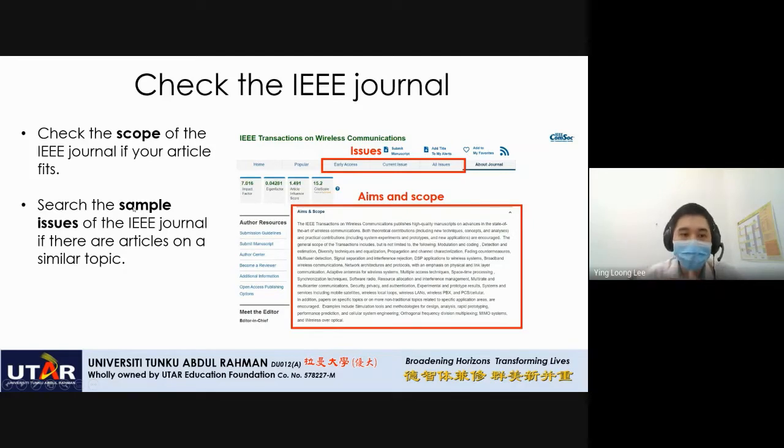That is something good for you to be aware of. And also you might want to check what the recent writing style is, because the writing style of the IEEE papers is evolving every time, right? So you need to keep track and get up to date by reading the recent papers.